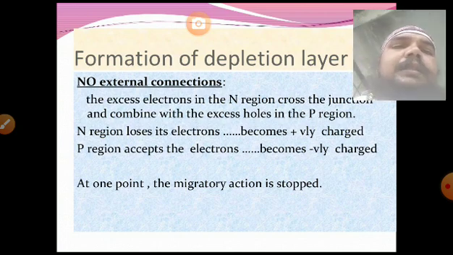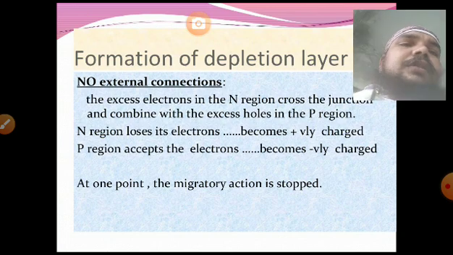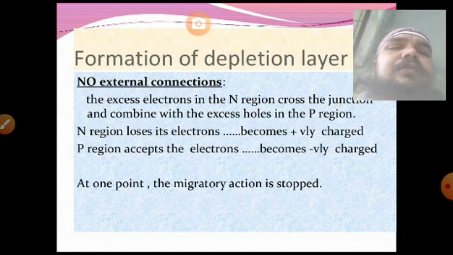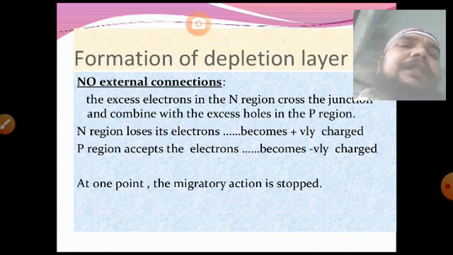The N region loses electrons and becomes positively charged. The P region accepts electrons and becomes negatively charged.